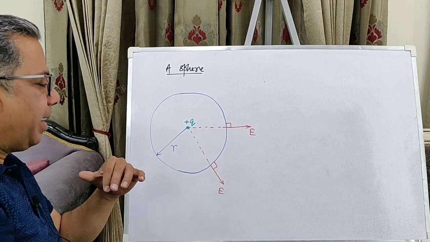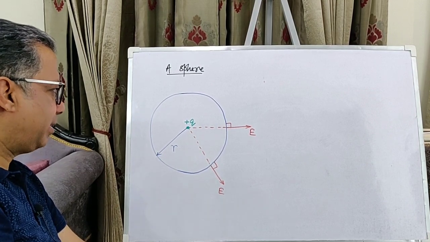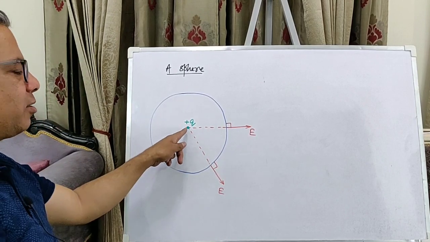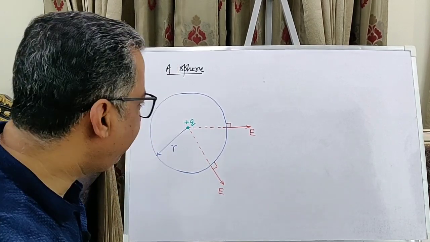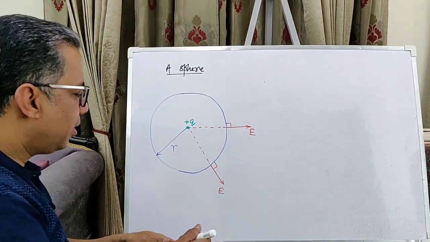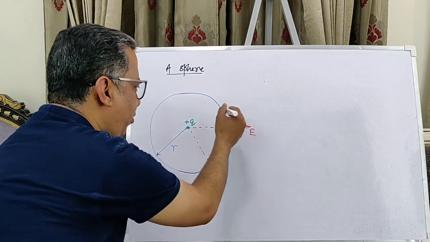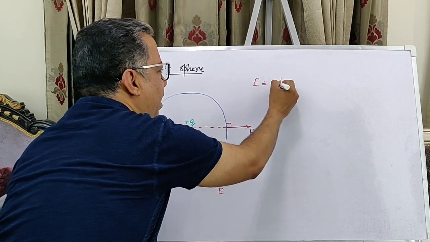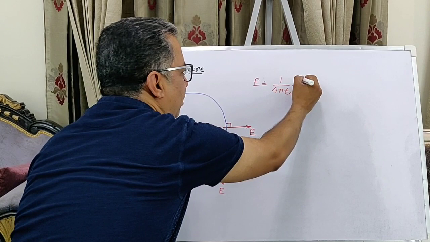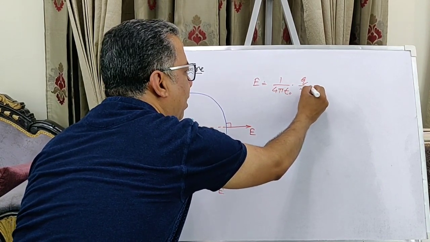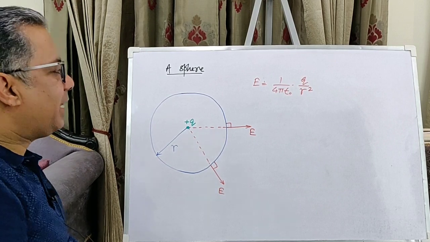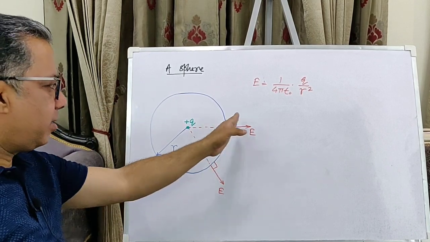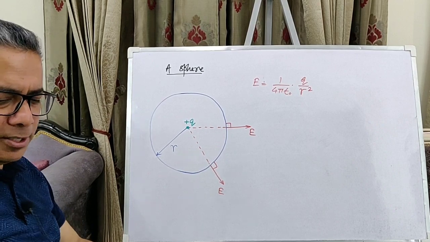Another simplifying feature is that all points on the surface are at exactly the same distance from the charge, so the magnitude of the electric field is the same everywhere, given by 1 by 4 pi epsilon naught Q by R square.